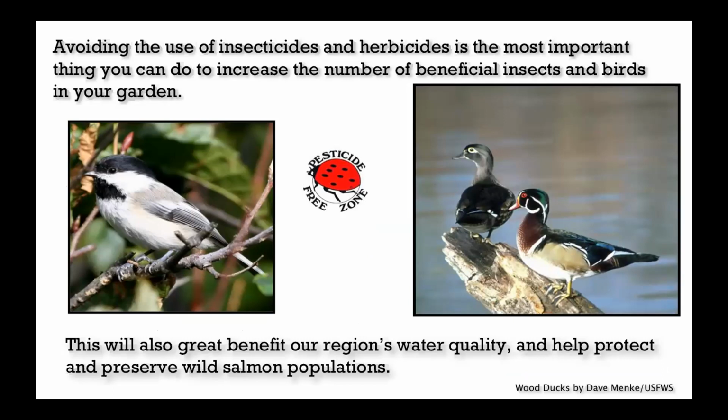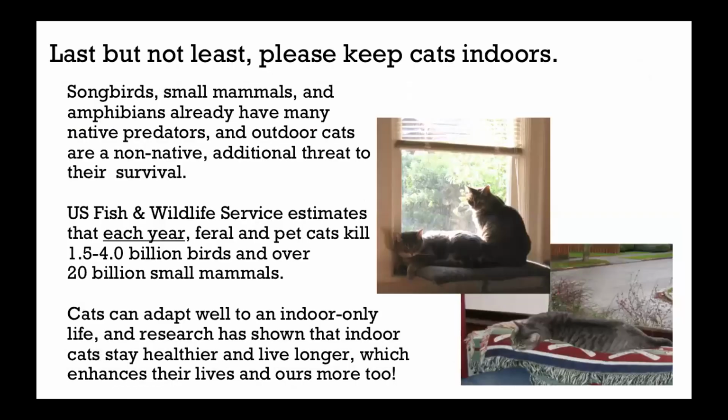It will improve our water quality, protect the wild salmon that we really have to help them recover if we want them to be a part of our Northwest heritage. So finding alternatives to pesticides and committing to being pesticide free as much as possible is really important.